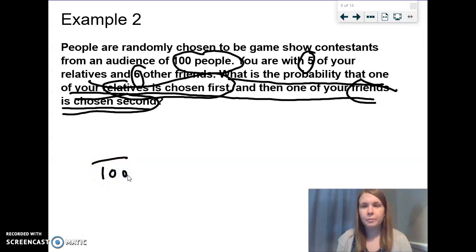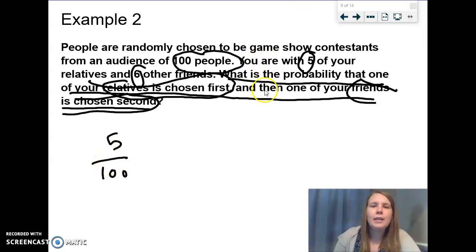Of those 100 people, the probability that one is a relative: how many relatives did you bring? You brought 5. For right now, it's okay if we don't simplify it. We can simplify it in a minute if it's easier to do our mathematics. But there's a 5 out of 100 chance that one of your relatives is going to be picked to be on this game show.